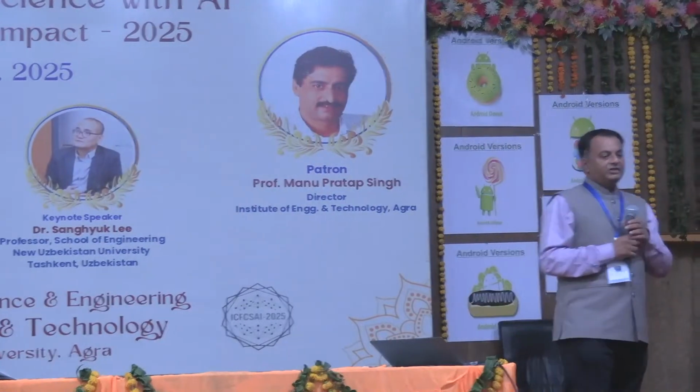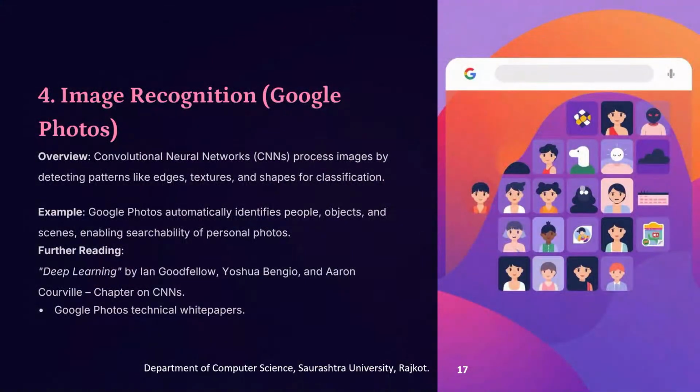Same way, image processing. Google Photos, just now I said that in Google all the photos are there, and you can search in any way. This image processing is internally using a convolutional neural network, CNN, and based on this algorithm, it is identifying the photo, people, object, scene, and searchability.